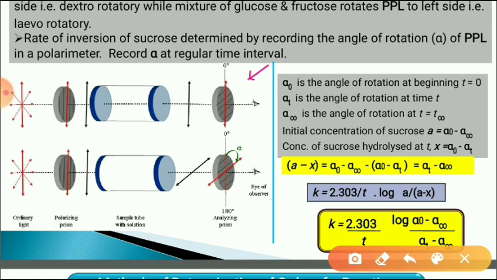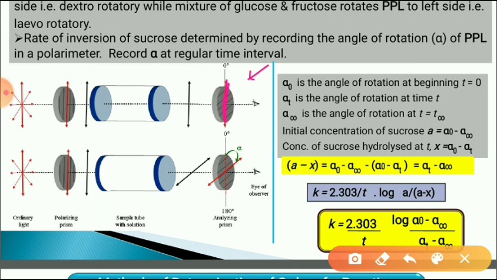Now when such light is passed through an empty solution, without any substance, the plane will be the same as it is, without any rotation of the angle. So we get plane polarized light without a deviation in the angle.